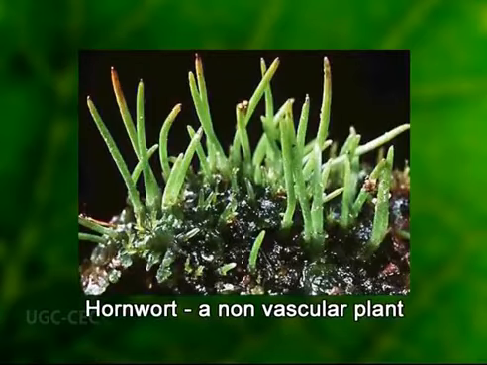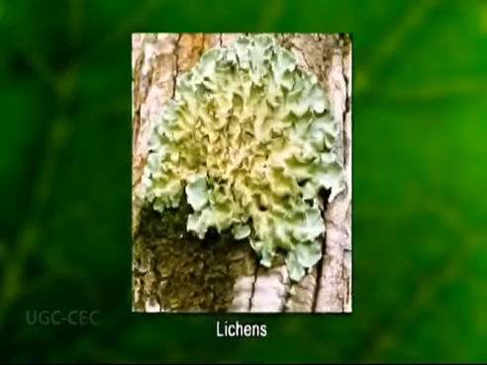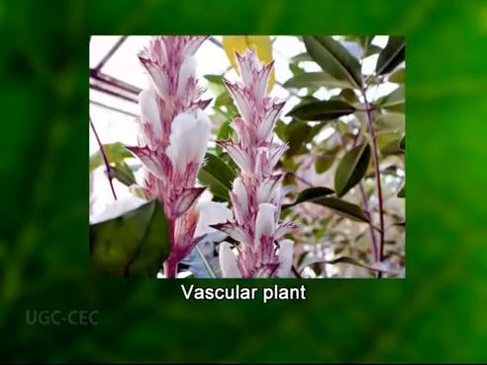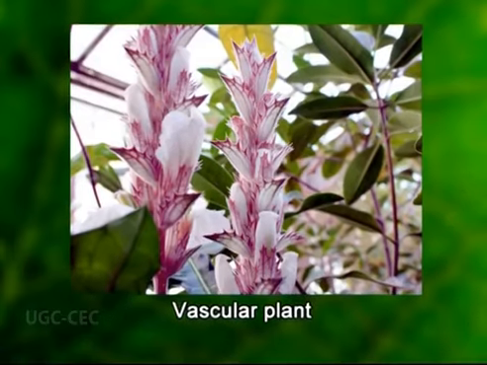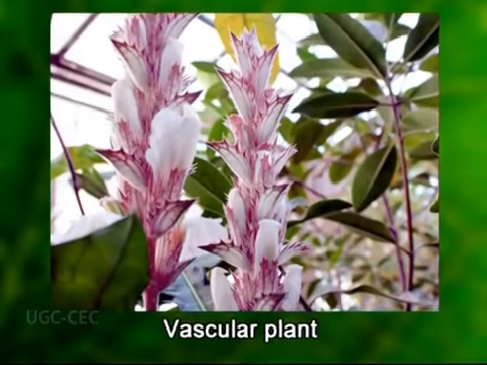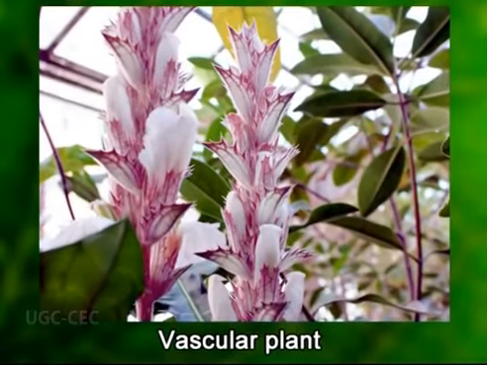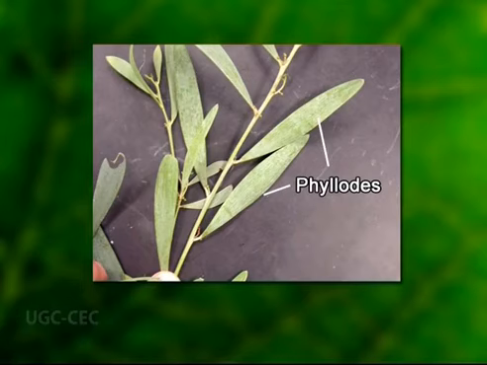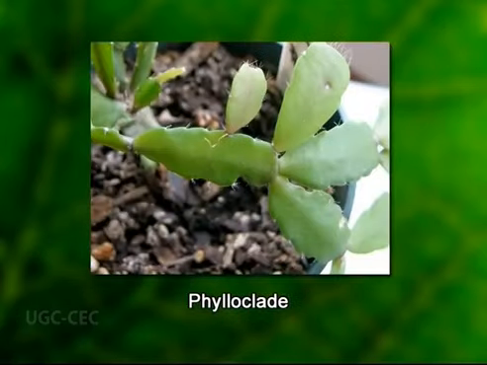Conversely, many structures of non-vascular plants or even some lichens do look and function much like leaves. Several structures found in vascular plants look like leaves but have different structures. Examples include phyllodes and phylloclades.